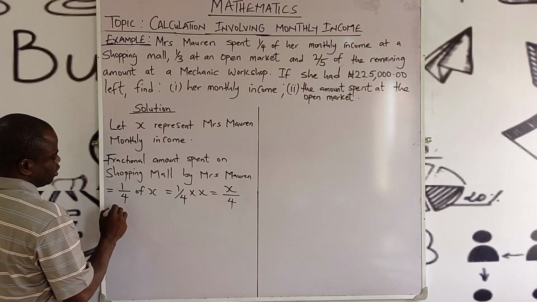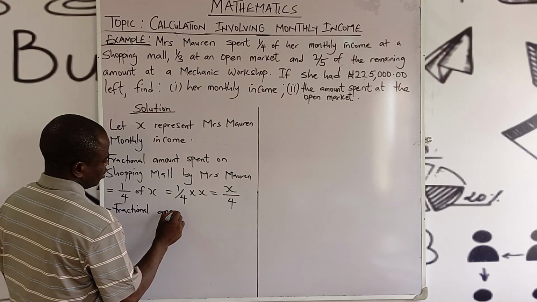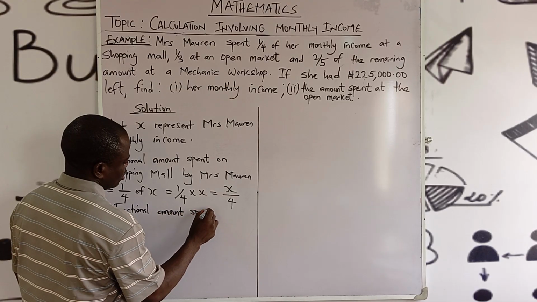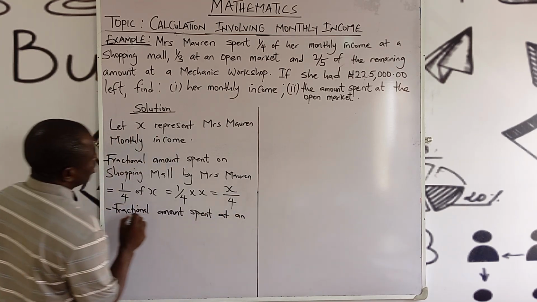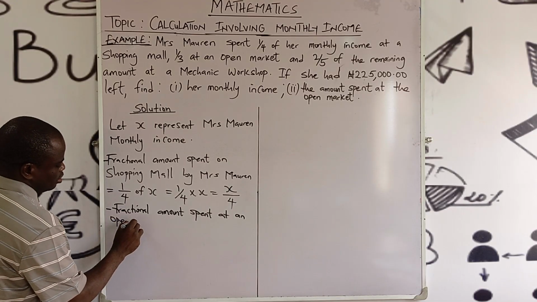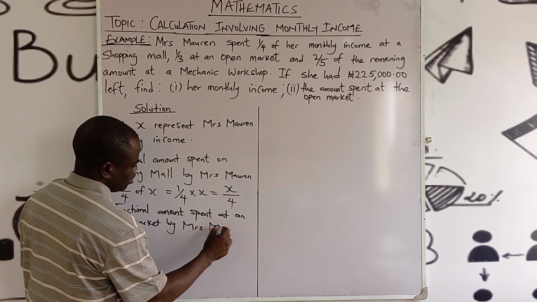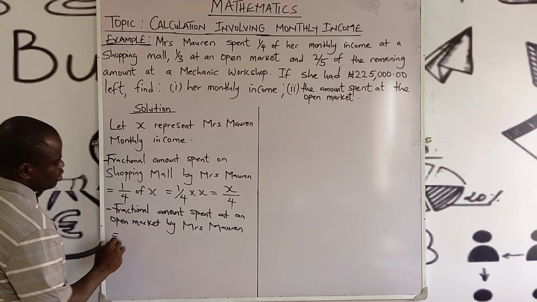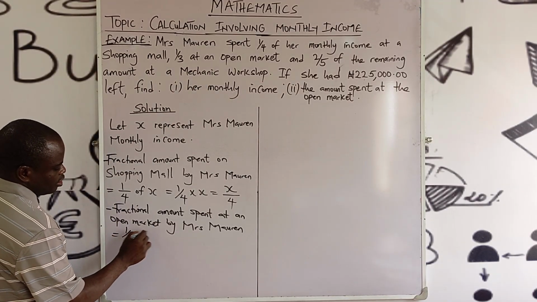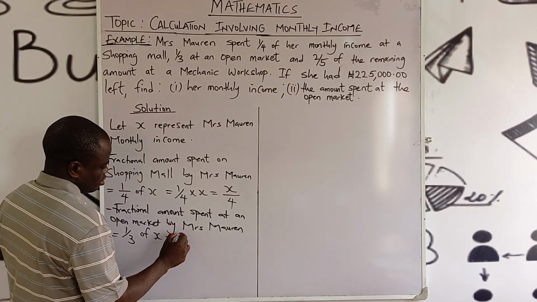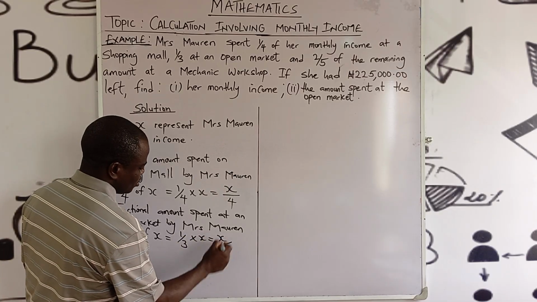The fractional amount spent at an open market by Mrs. Moraine equals 1 over 3 at an open market. That is 1 over 3 of X, which is 1 over 3 times X, which is equal to X over 3.